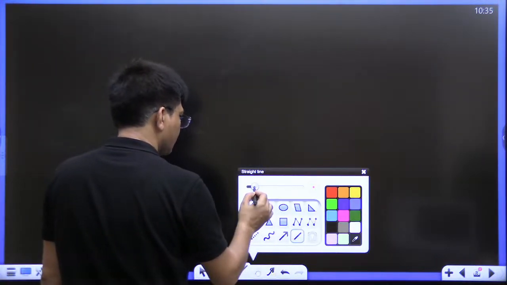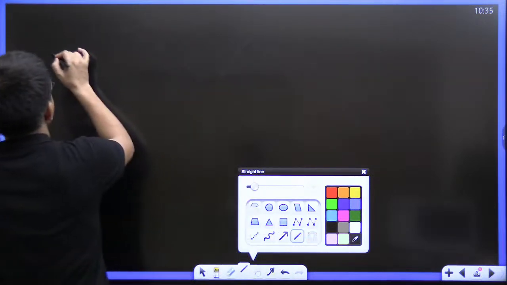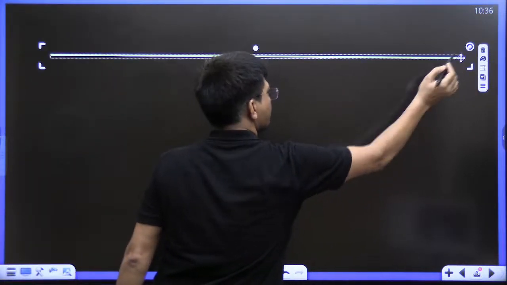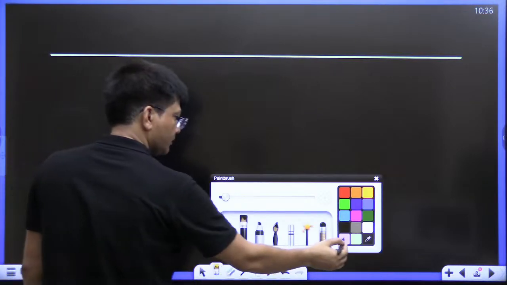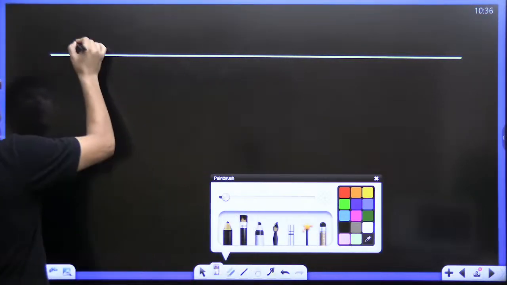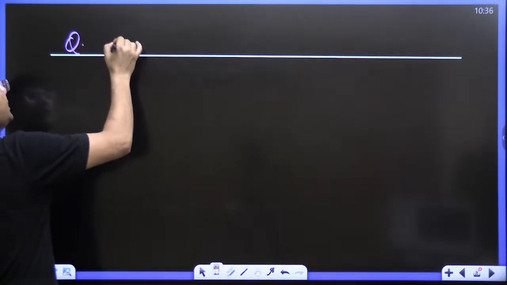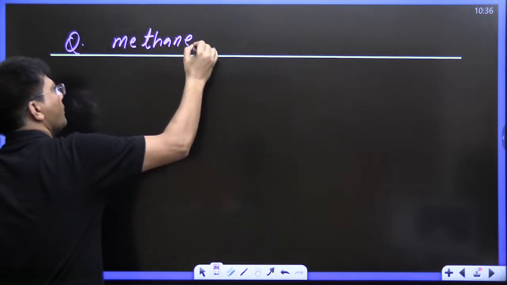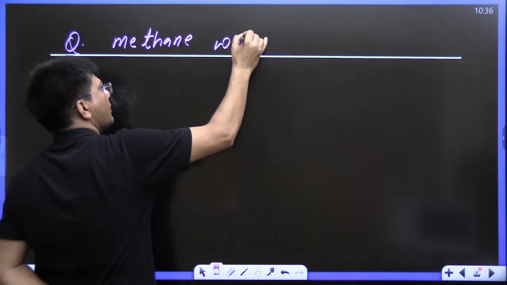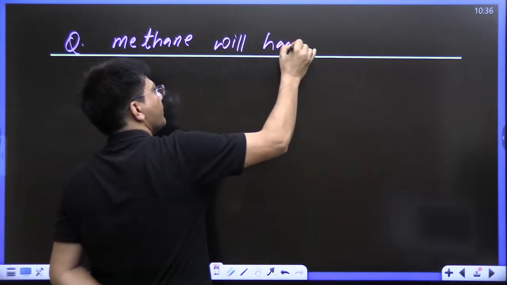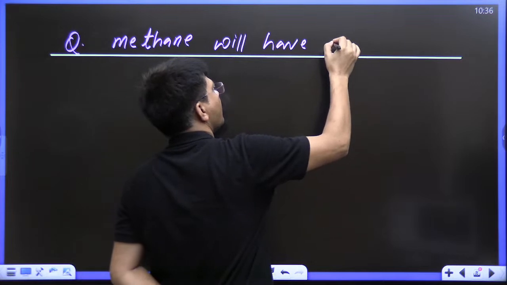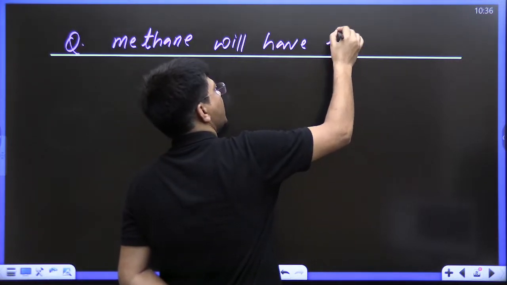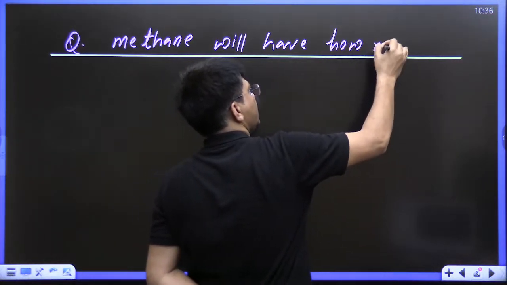Question number 1, see to it. Methane will have how many conformers?